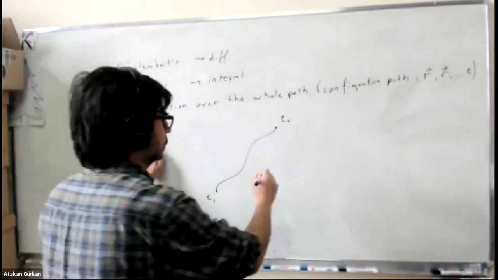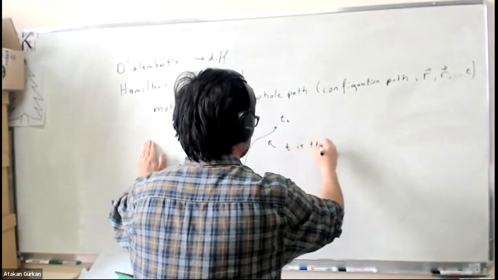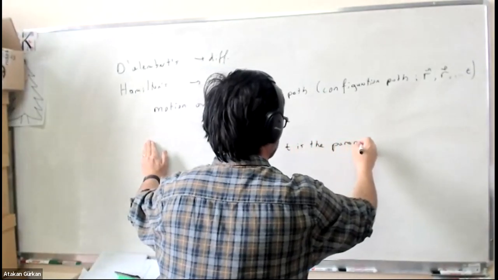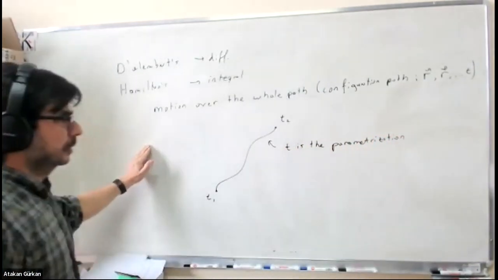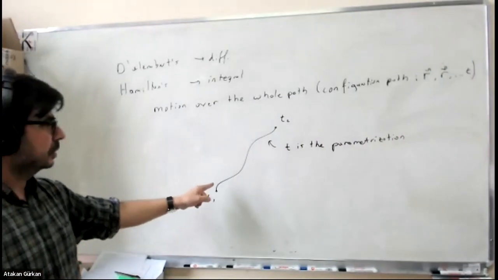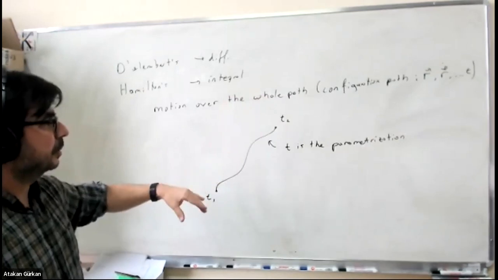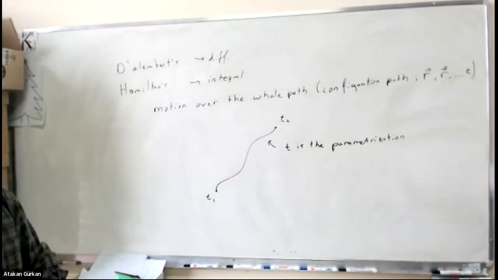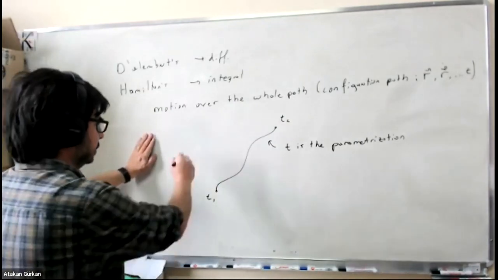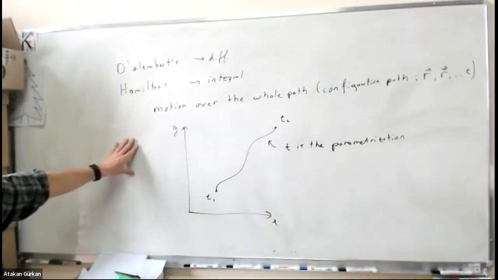Okay? So this is your orbit, and T is the parameterization of this orbit. So it not only gives you where you are at a given point, or what kind of path you trace, but at the same time it gives you your velocity, your rate of change, how you move on this, if you come back, and so on and so forth. Okay? And so this is going to be, say, X and Y, if you are moving in two-dimensional space.